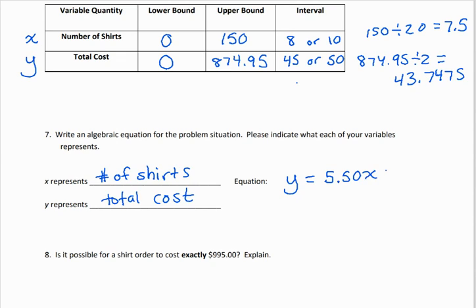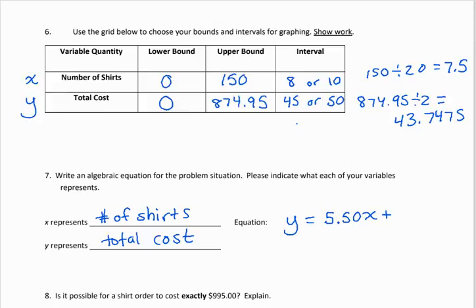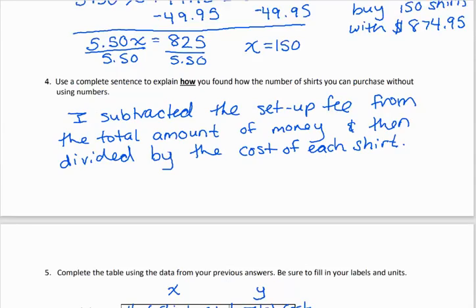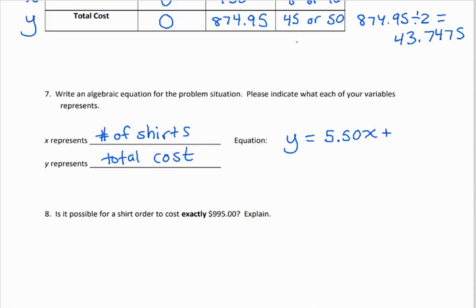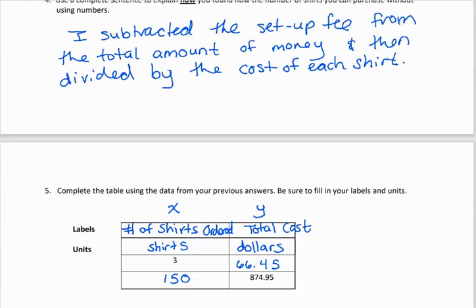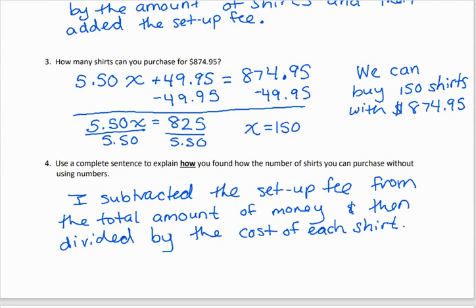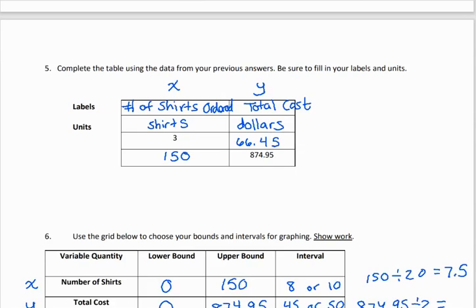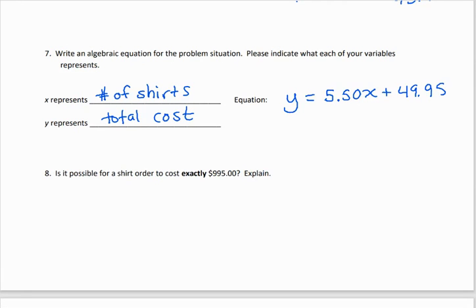And then plus we always had to pay the one-time fee, which I just want to make sure I copy correctly, was $49.95. So if you look at what I just wrote, y equals 5.50x plus $49.95, look up above at question 3, right? 5.50x plus $49.95 equals y, our cost there. Y can either come first or at the end. Wouldn't be wrong either way.